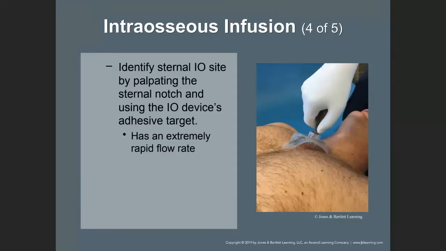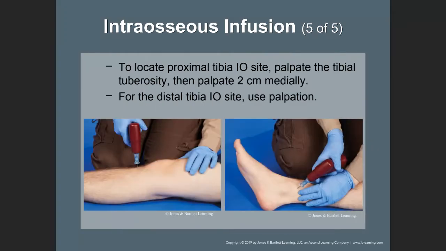Identify the sternal IO site by palpating the sternal notch and using the IO device adhesive target, with an extremely rapid flow rate. That's definitely for a shock patient. To locate the proximal tibia IO site, palpate the tibial tuberosity, then palpate 2 centimeters medial. For the distal tibia IO site, use palpation.